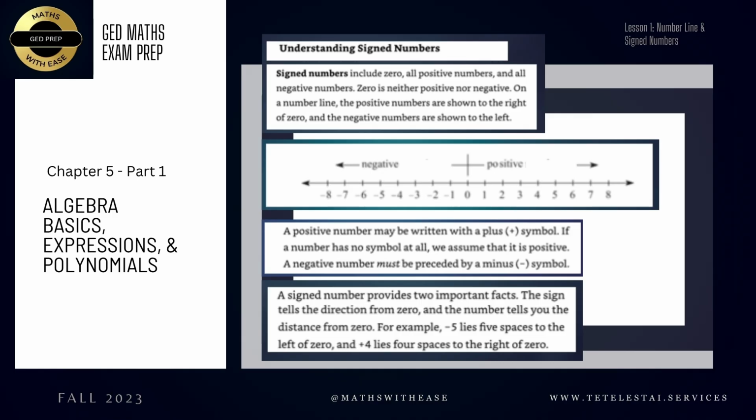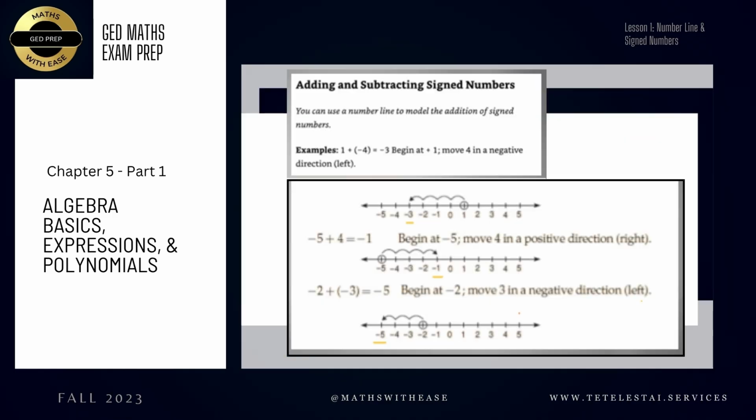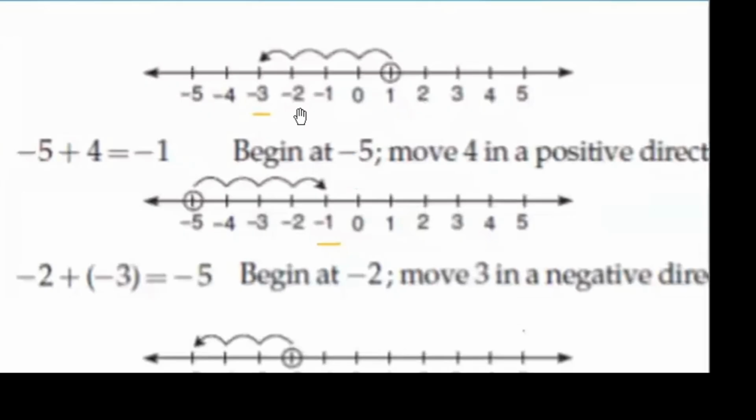In terms of adding and subtracting signed numbers, you can use the number line to model the addition or the subtraction operation. So in this example, 1 plus -4 equals -3. Let me zoom in so you can see. You could draw your number line, starting at 1, and move 1, 2, 3, 4 spaces until you get to -3.